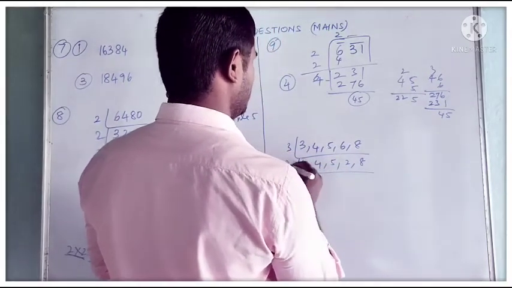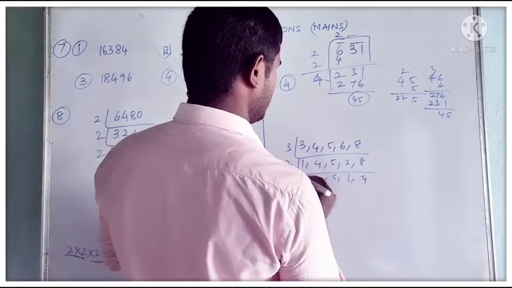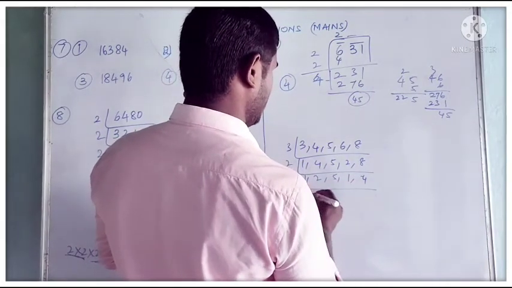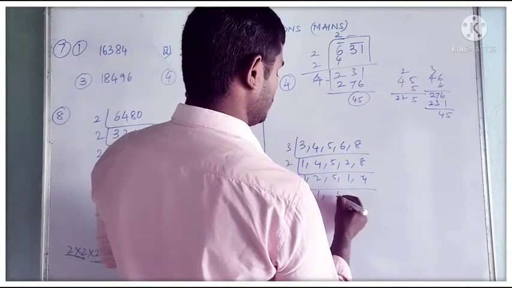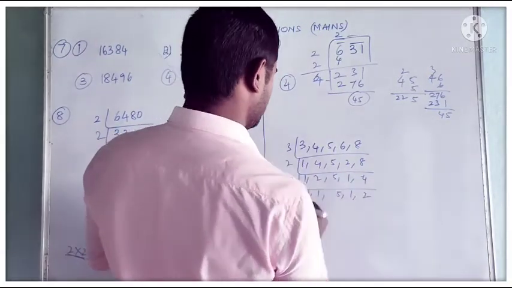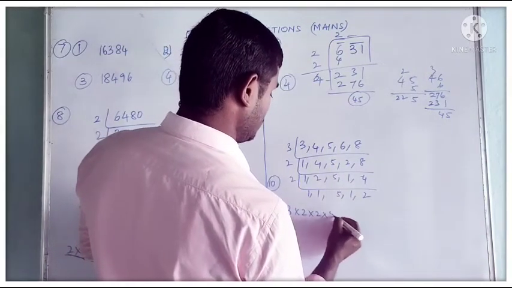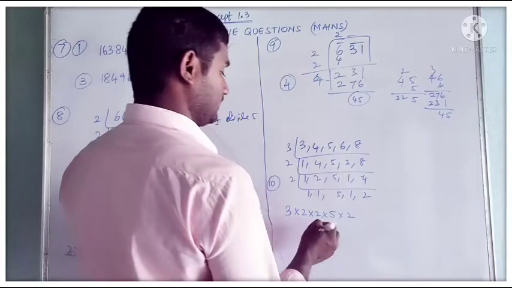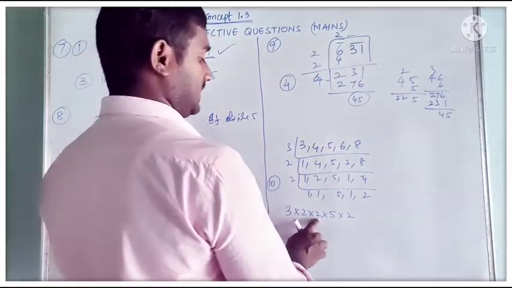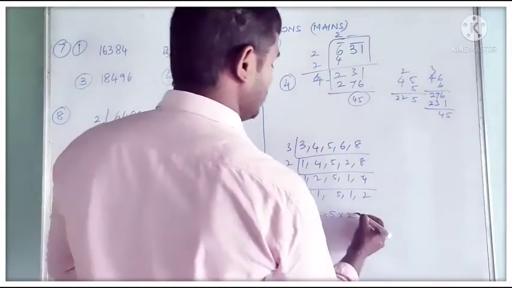Next 2 table: 1 as it is, 2 twos, 5, 1, 2 fours. Next 2 table: 1, 2 ones, 5 as it is, 1 as it is, 2 twos. Now multiply: 3 into 2 into 2 into 5 into 2. So 5 twos are 10, 10 twos are 20, 20 twos are 40, 40 into 3, 120.